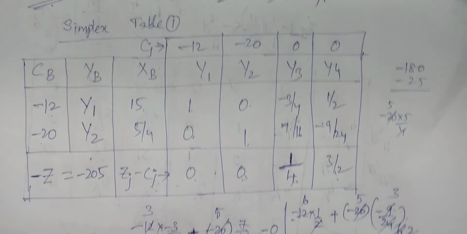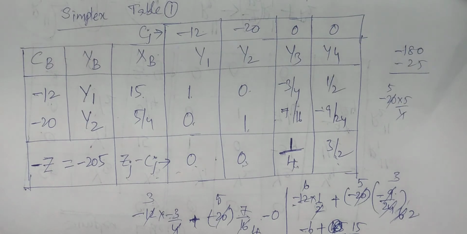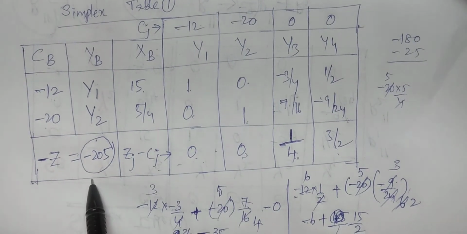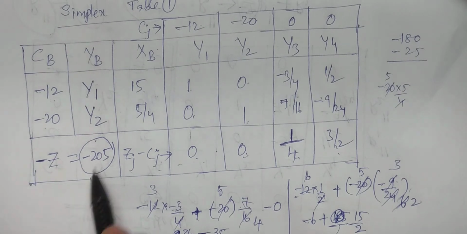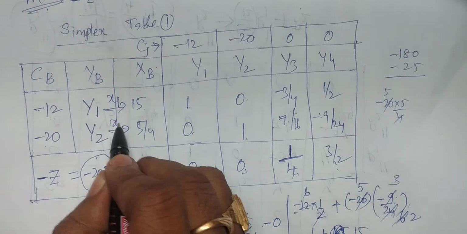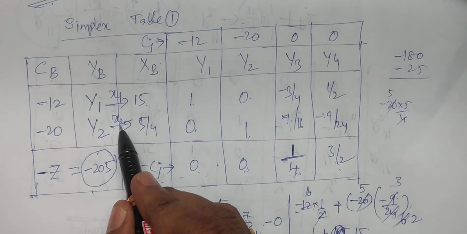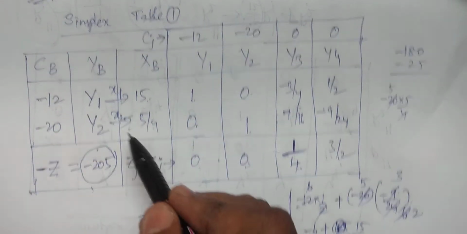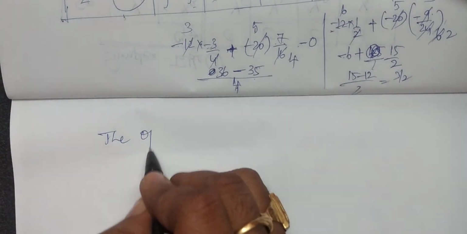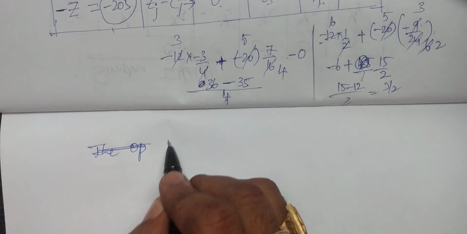So this is the final answer: the maximum value of minus Z is minus 205, and corresponding to y1, which is x1, and y2, which is x2, the variable x1 is equal to 15 and x2 is equal to 5 by 4. Now I write the solution. First of all I calculate the minimum value.